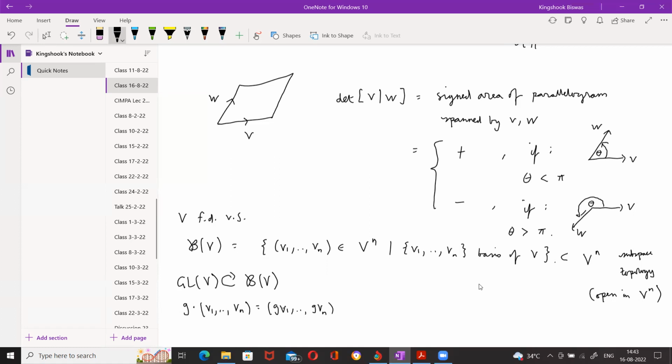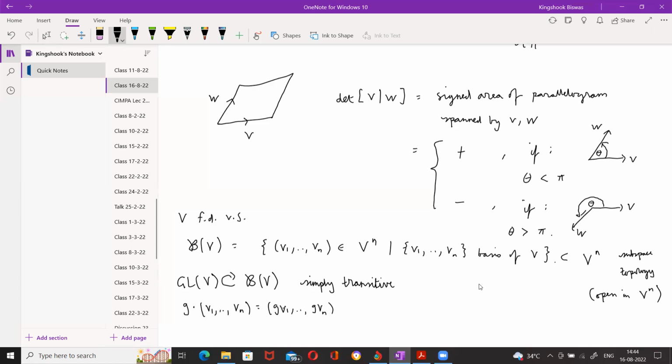This action is what's called simply transitive. That means it's transitive, and given any two elements in my set B of V, there is a unique g in GLV which takes the first n-tuple to the second n-tuple, right? That's clear because given any two ordered bases, there's a unique linear map which takes the first ordered basis to the second ordered basis, right?